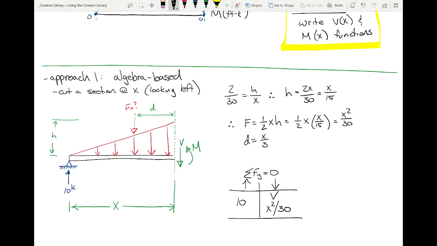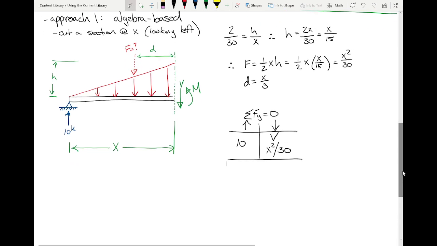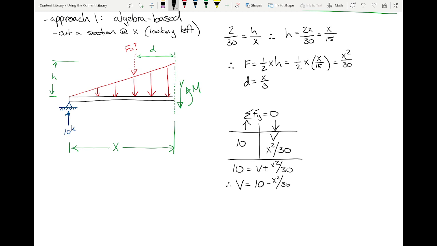Is that a fair statement? Is everybody okay with that? I don't want to go too fast. So if I scroll a little bit, I'm trying to keep the scrolling to a minimum. So 10 is V plus x squared over 30. I get that.